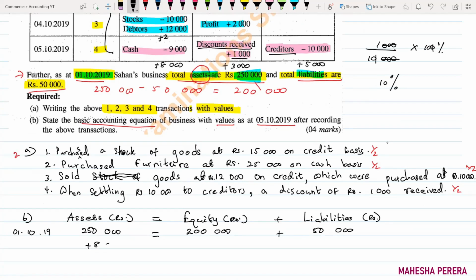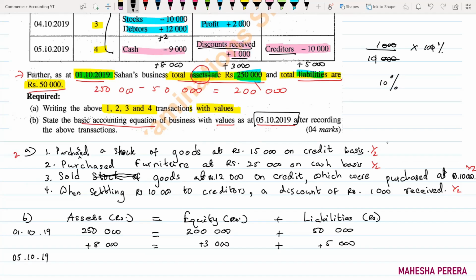Plus 8,000 under assets, plus 3,000 under equity, and also plus 5,000 under liabilities. And then you can show them the closing balance as at 5th of October. So as at 5th of October, no need to say closing balance and opening balance there, right? If you want, you may write.